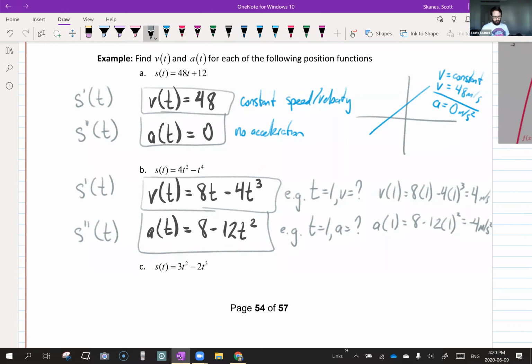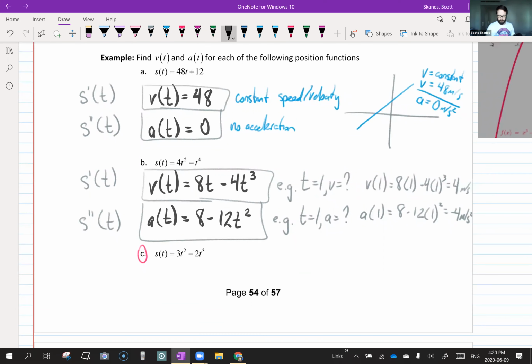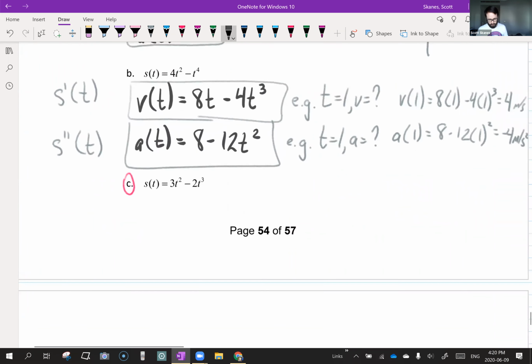All right? Do C. Doesn't give you much space, but you don't need much space. Sixty squared. Perfect.